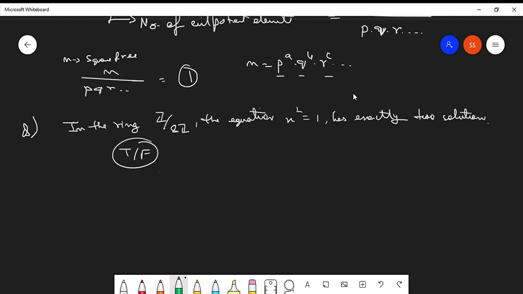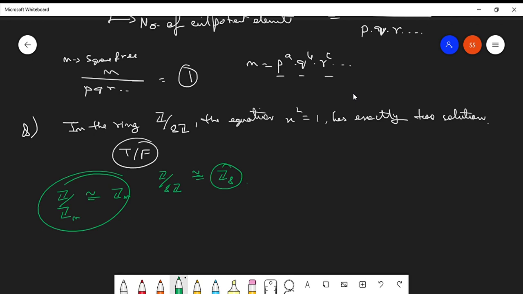We know that Z over 8Z is isomorphic to Z8.